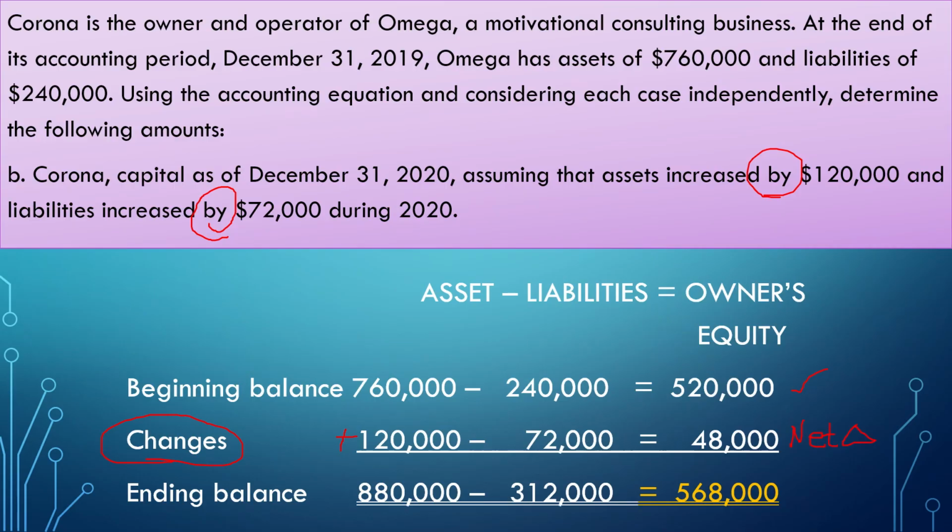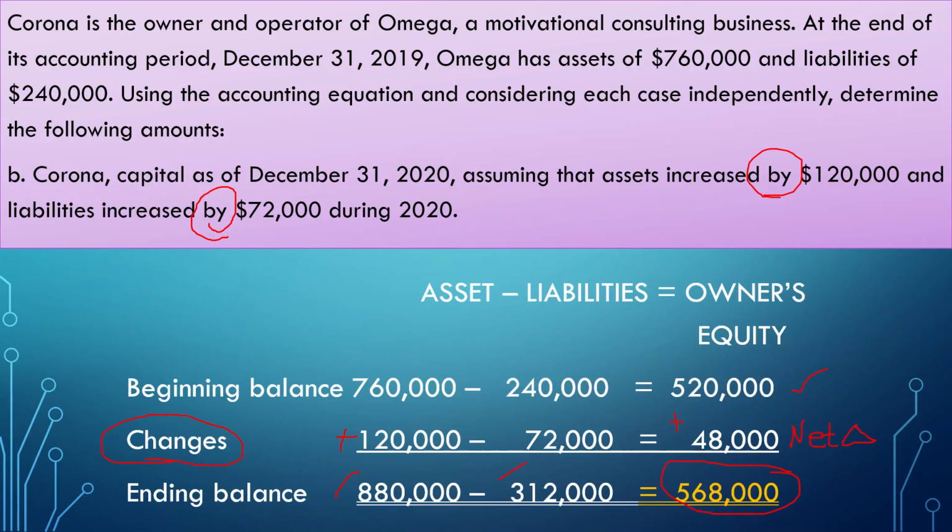Net changes, yeah. So you can just add 520 plus the increase of 48, then you get 568 as your answer to letter B. Or you can also go through the long method: 760 increased by 120, so you get an ending balance of assets of 880. Liabilities beginning was 240, and then you have an increase of 72, so the ending balance of liabilities is 312.